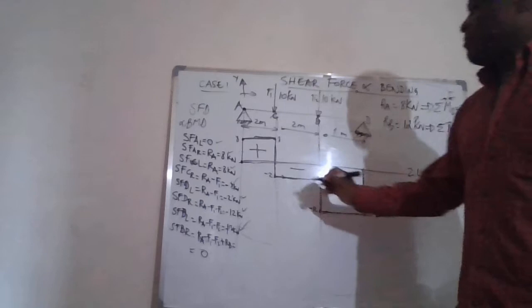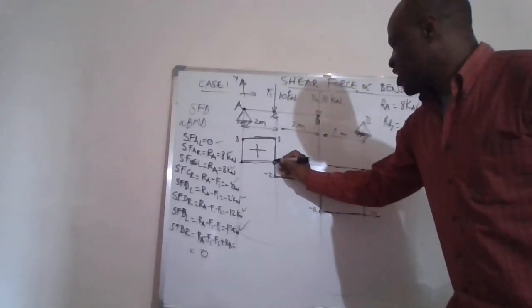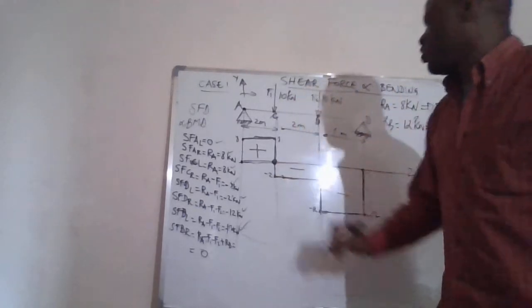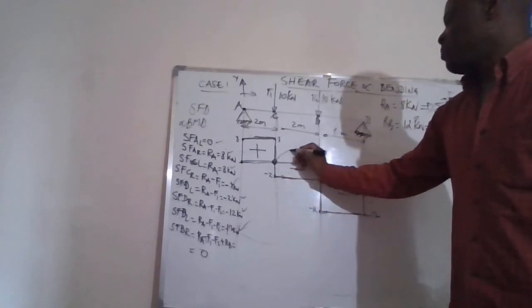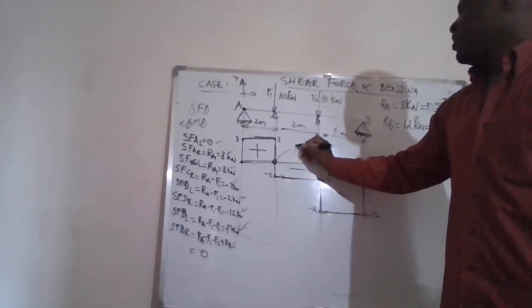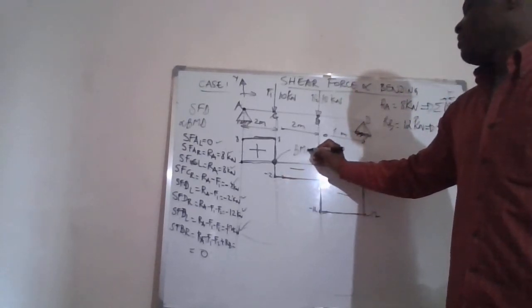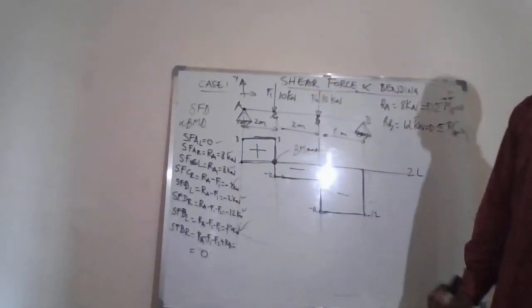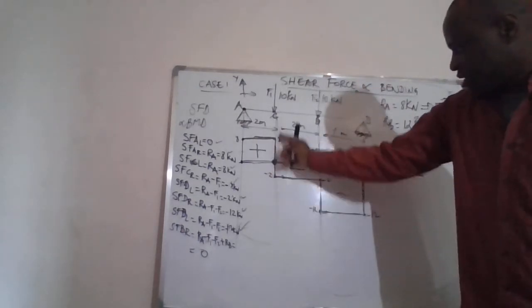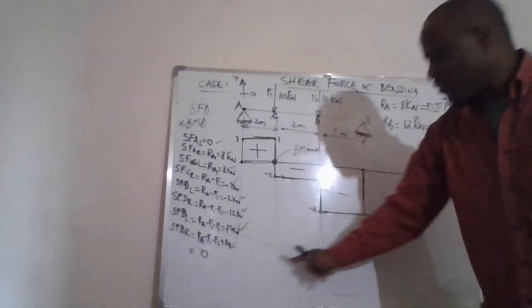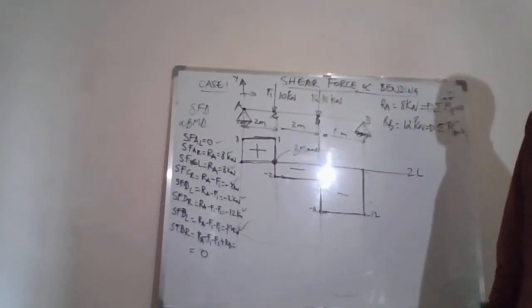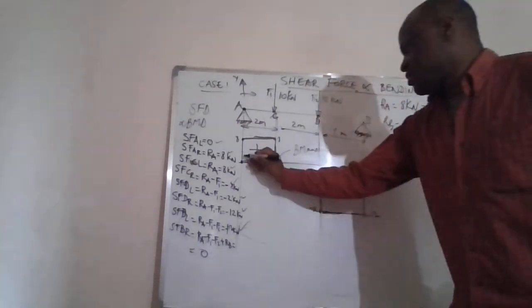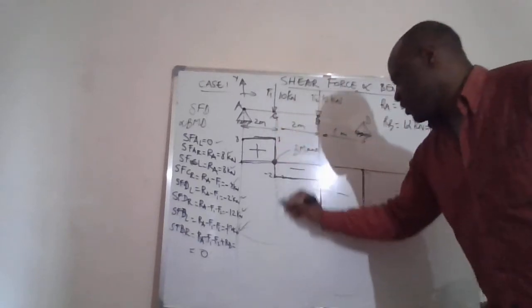And always remember, the point where the shear force is crossing the zero line will correspond with the bending moment maximum. It means when we draw the bending moment diagram, we'll see that in this section, that's where we'll have the biggest bending moment.